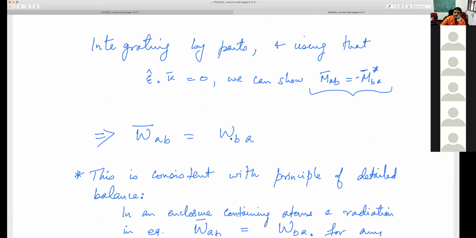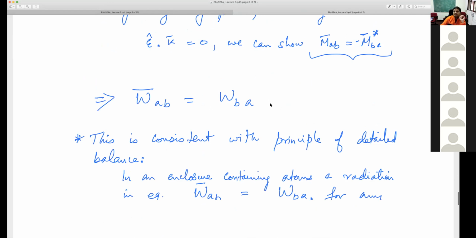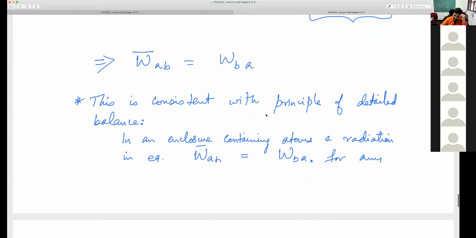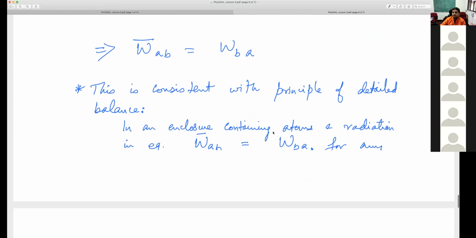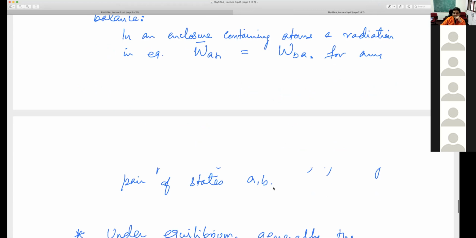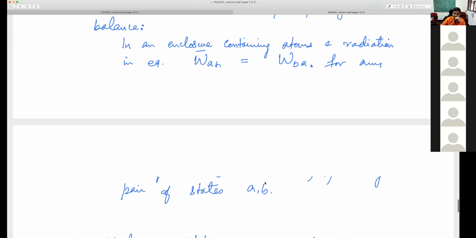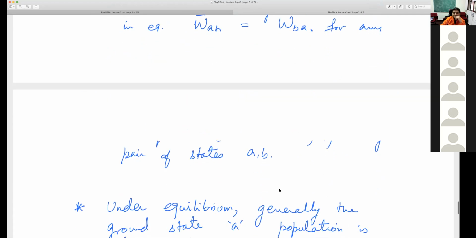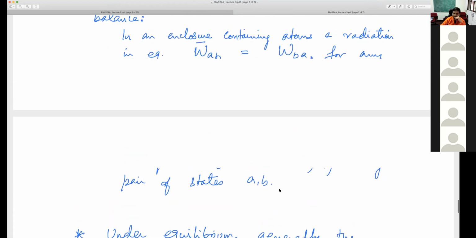And the fact that these two are equal is also consistent with the principle of detailed balance, which says that in an enclosure containing atoms and radiation in equilibrium, the rate of absorption should be equal to the rate of stimulated emission for any pair of states A and B, basically.